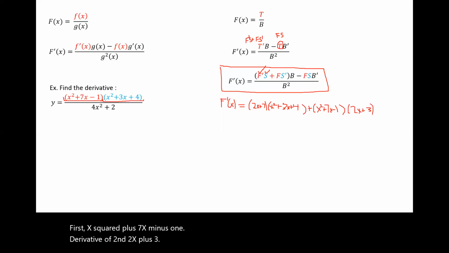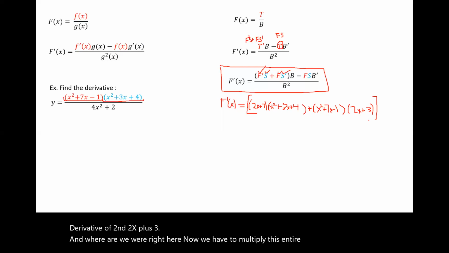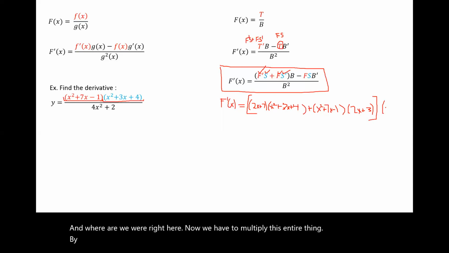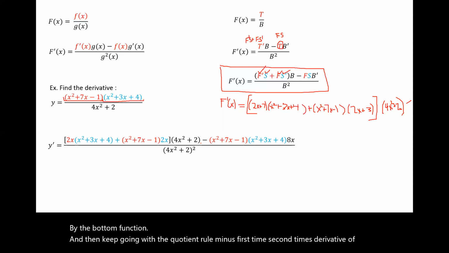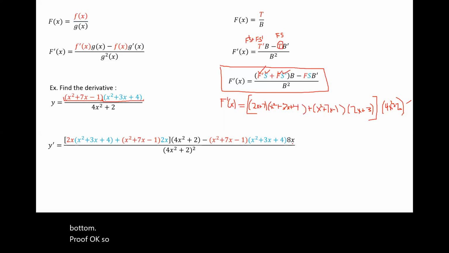And where are we? We're right here now. We have to multiply this entire thing by the bottom function. And then keep going with the quotient rule. Minus first times second times derivative of bottom. Whew. Okay, so there's first, second, derivative of bottom. Put the whole thing over the bottom squared.